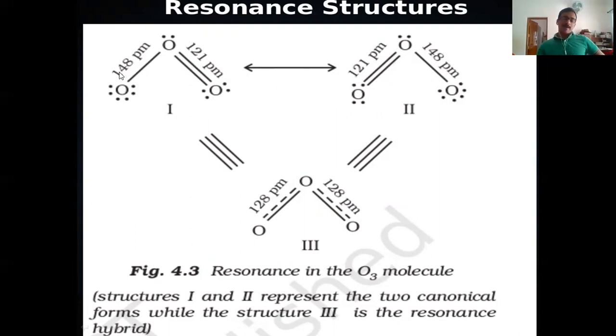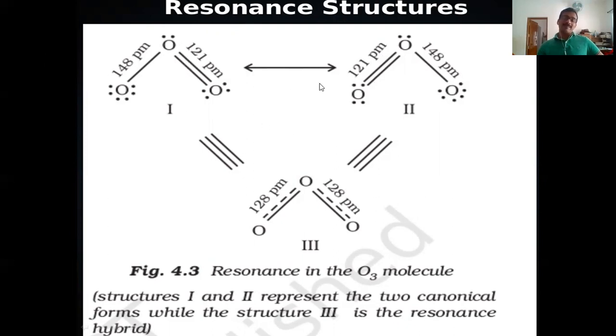In the first case, it was 148, now it is 121. We can take the average. Here also we can take the average. So instead of two different bonds, meaning two bonds with different bond lengths, you will get two bonds with the same bond length.